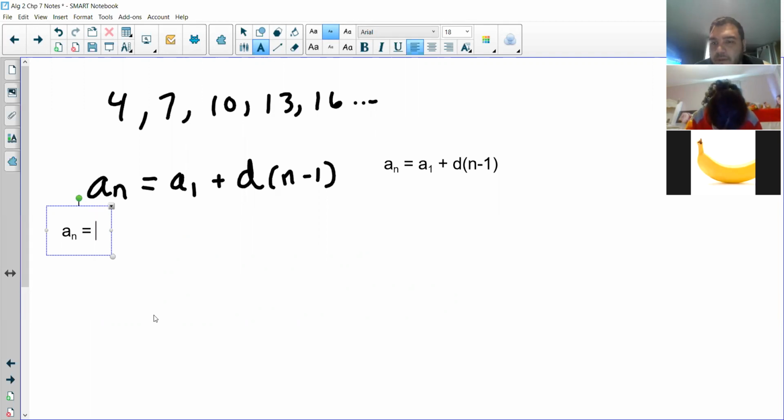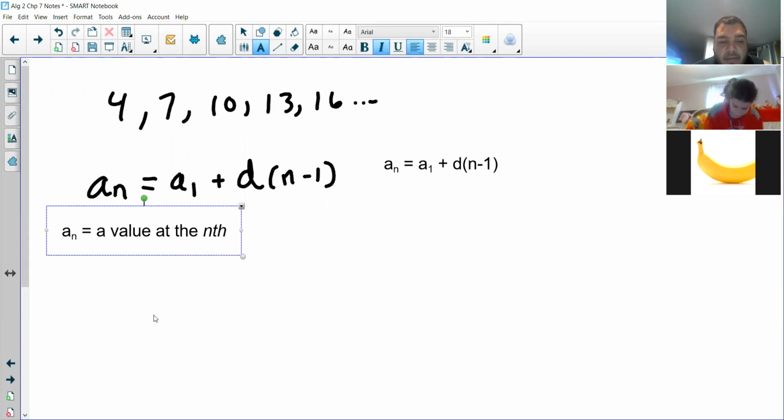So a_n, we should know, is the a value at the nth step.